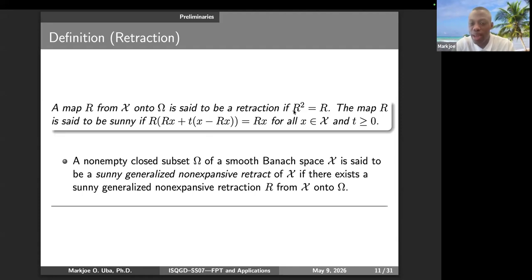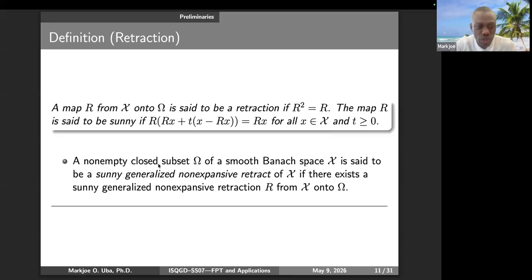So if R composed with R gives us R, then we say that this map is a retraction. Then the map is said to be sunny if R of this combination gives us R of x for all x in this space, and t is positive. If we have this, we say that the map is sunny.